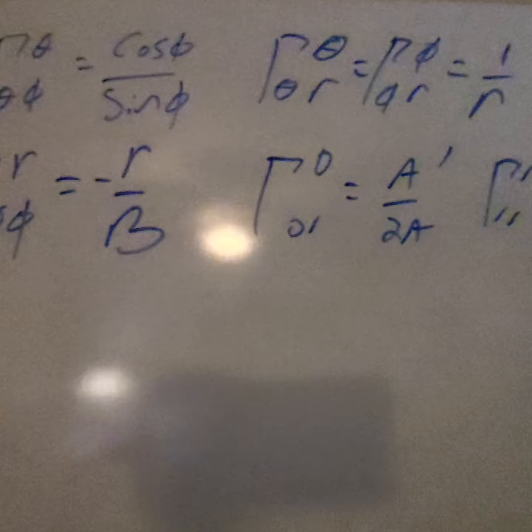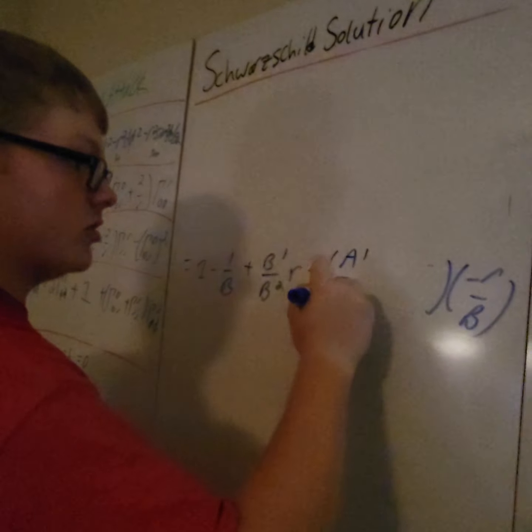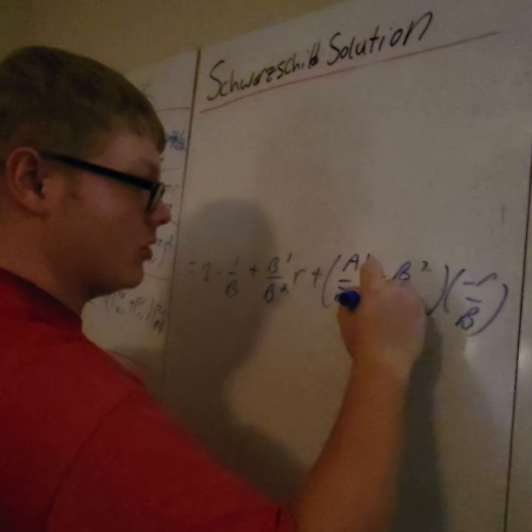So we're going to rewrite these terms over here as A over 2A plus B prime over 2B.